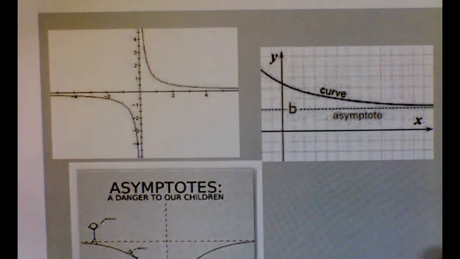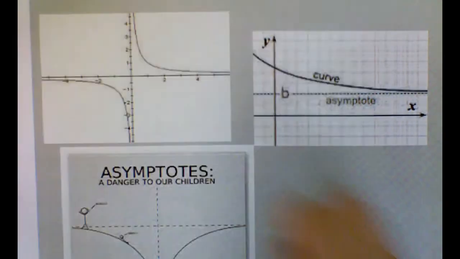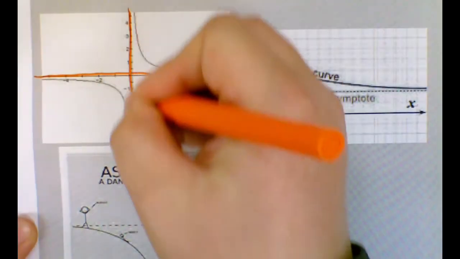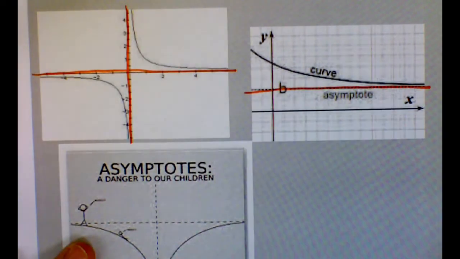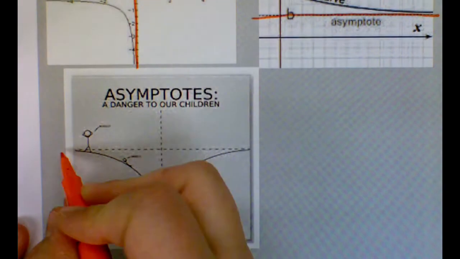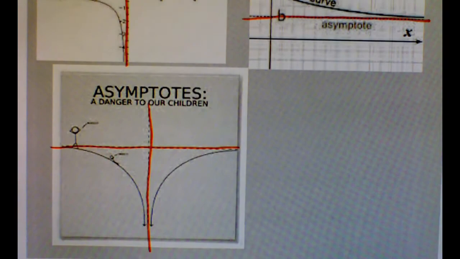So our rational functions have asymptotes. I've got a horizontal asymptote and a vertical asymptote here. This one just has a horizontal asymptote. This one, asymptotes are a danger to our children because if this was a slide, you were going down forever and never quite getting anywhere.